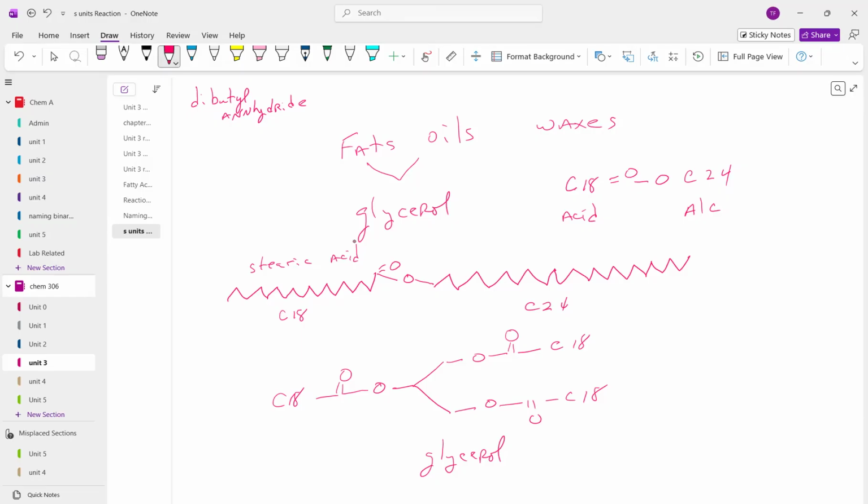That's lipase. Lipase works with cis. So if you throw trans fats in there, its efficiency is much lower.